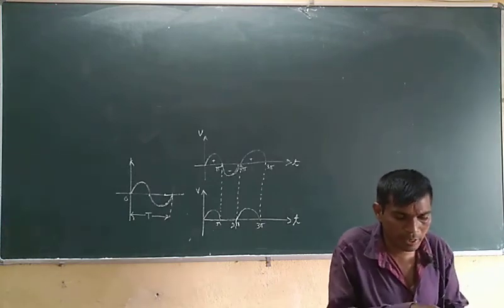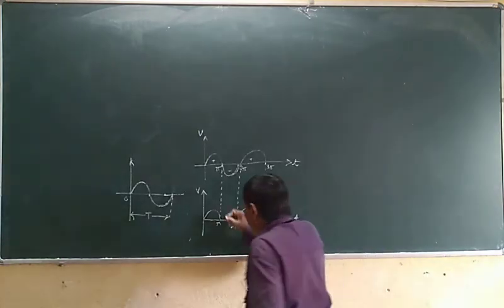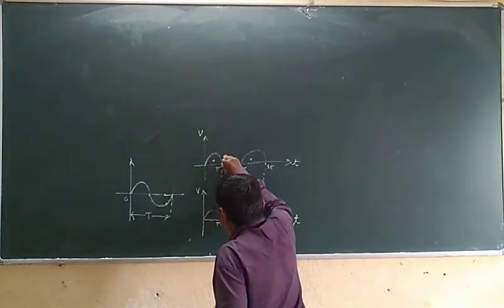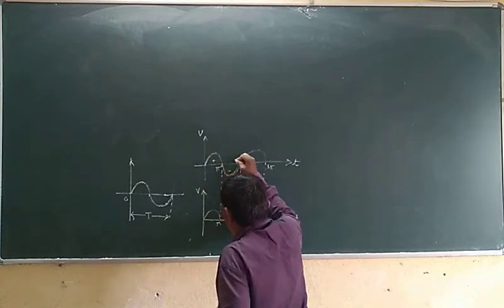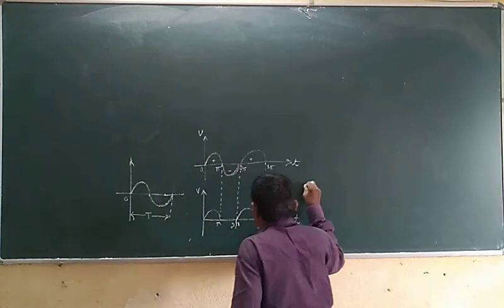So in this diagram, this is a complete cycle, covering the time axis from 0 to 2 pi.